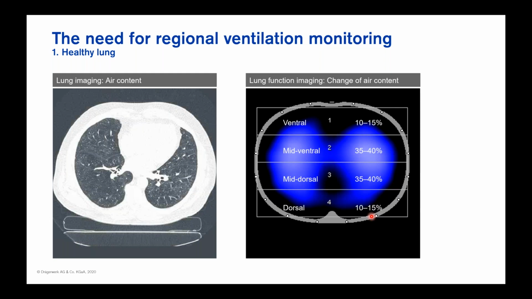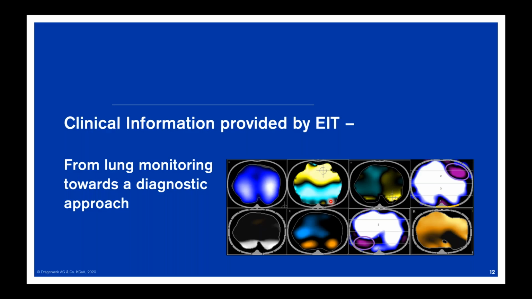Of course, in your patients, you won't typically see images with such nicely, evenly distributed ventilation, but you rather see images where you have, for example, dorsal collapse or pleural effusion. Initially, the direct information that we provided was the monitoring of regional lung volume or regional tidal volume.